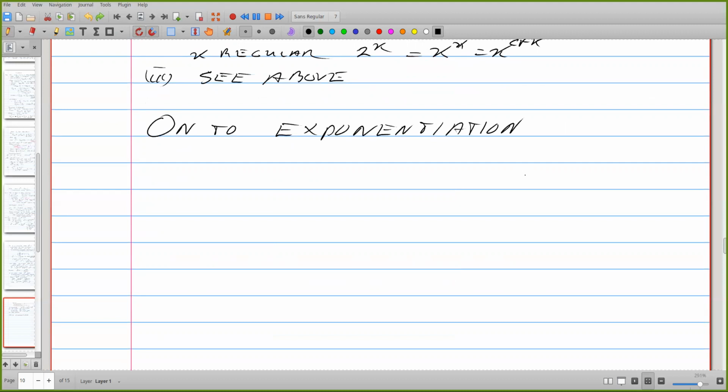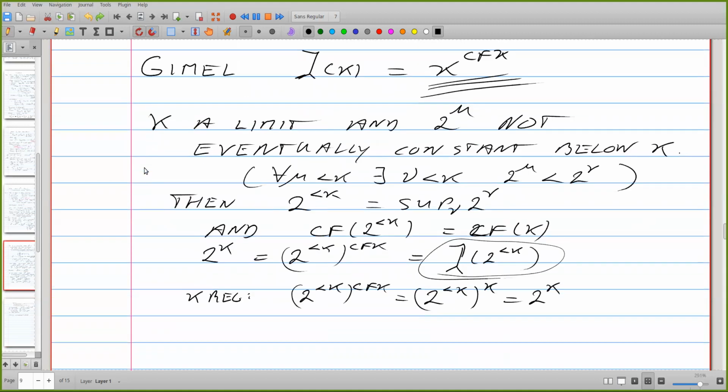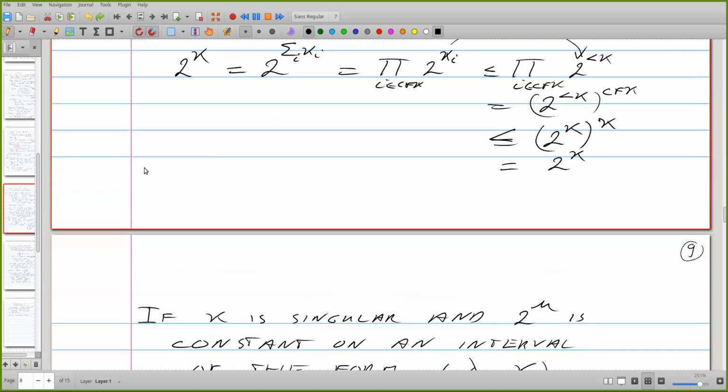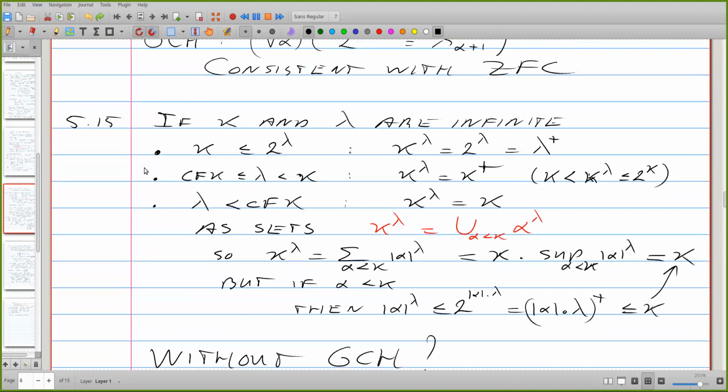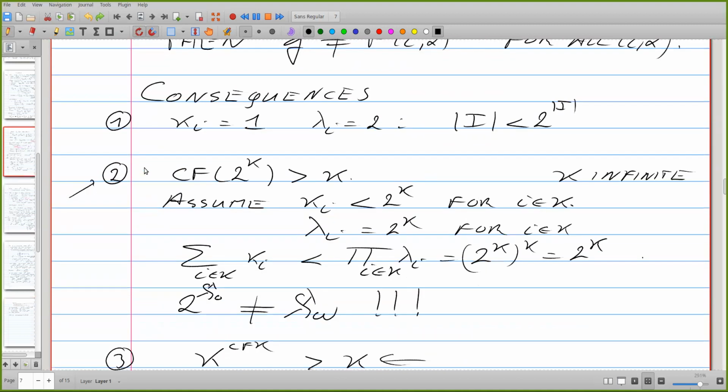Well, we need to note one or two things, and then we can write another summary, just like the one I put up in a moment. One thing that we used a few moments ago, where was this? No, I think I lost it.